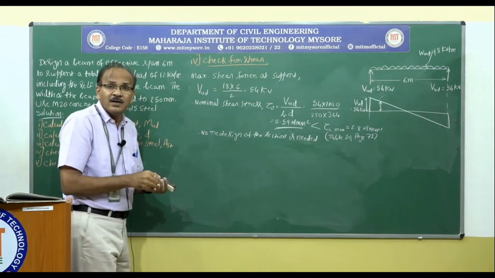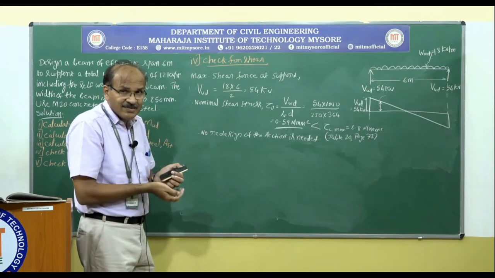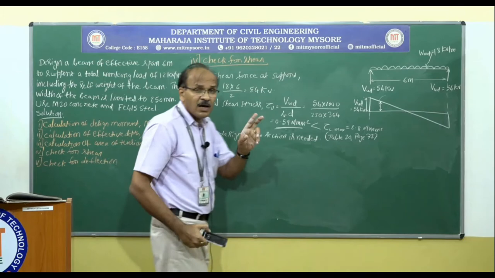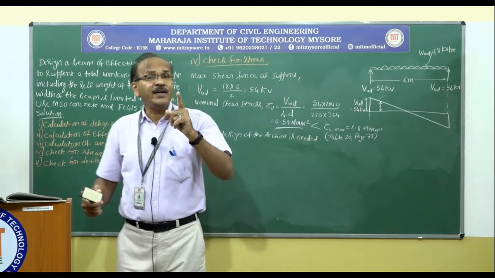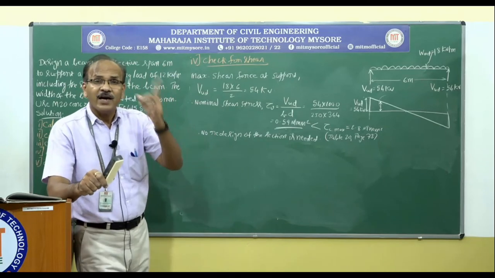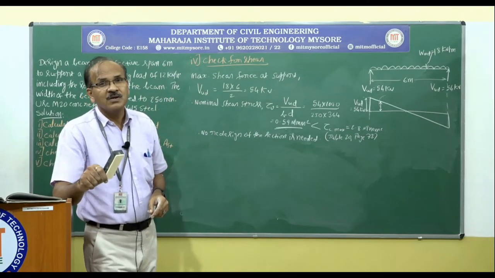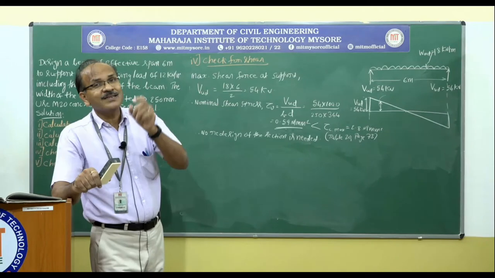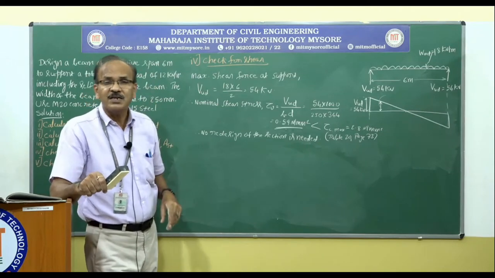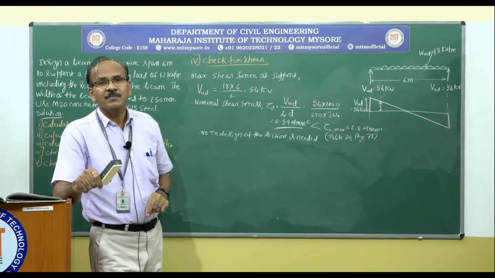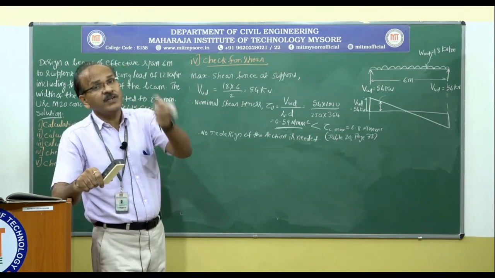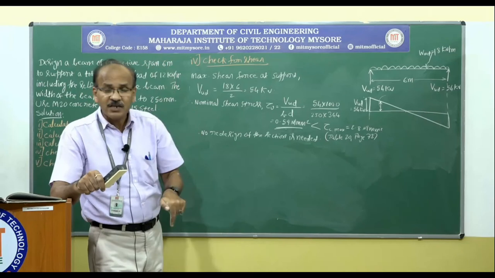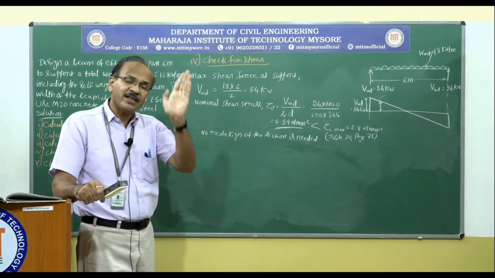Next, what is the next step? Next step is, as I explained in the previous classes, shear is going to be carried by concrete as well as the stirrups. First, we need to find out what is the design shear capacity of concrete. Okay, that depends on percentage of tension reinforcement at the section where we are considering the shear.